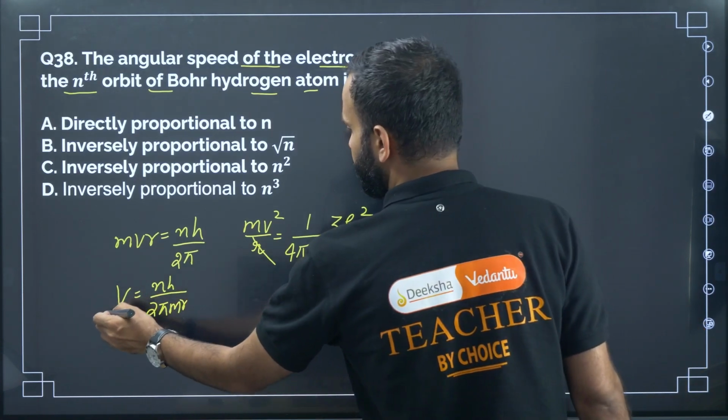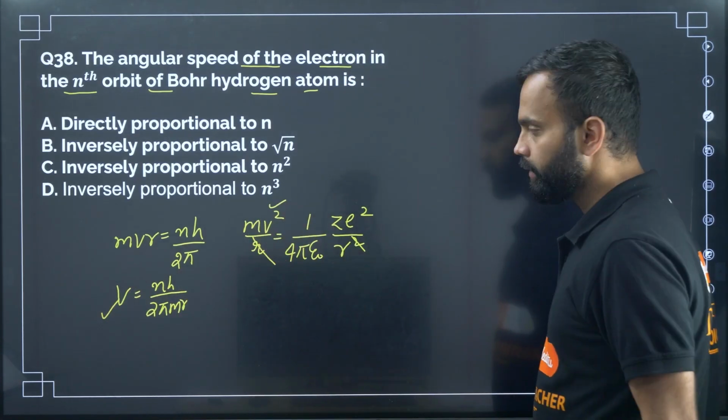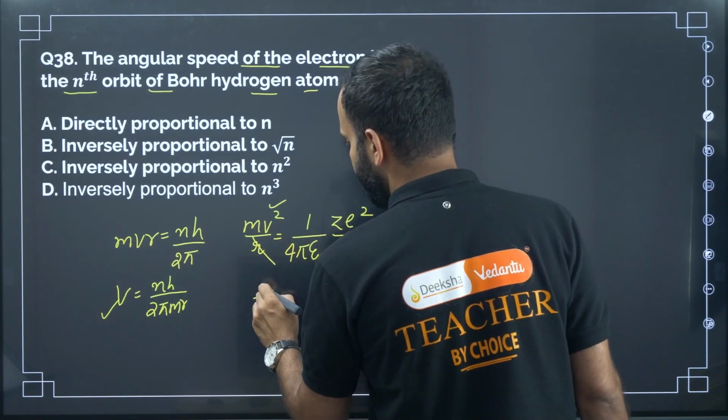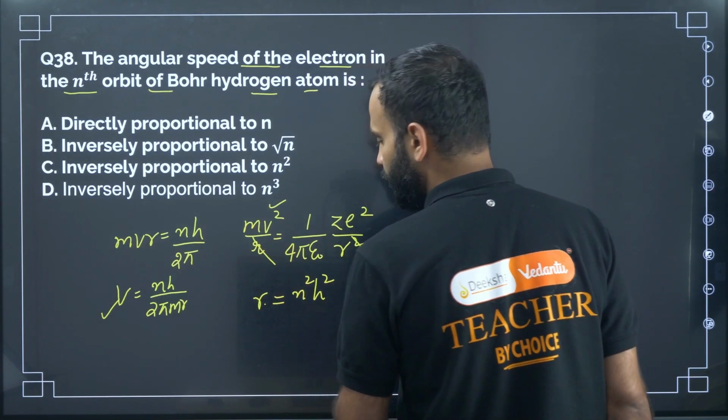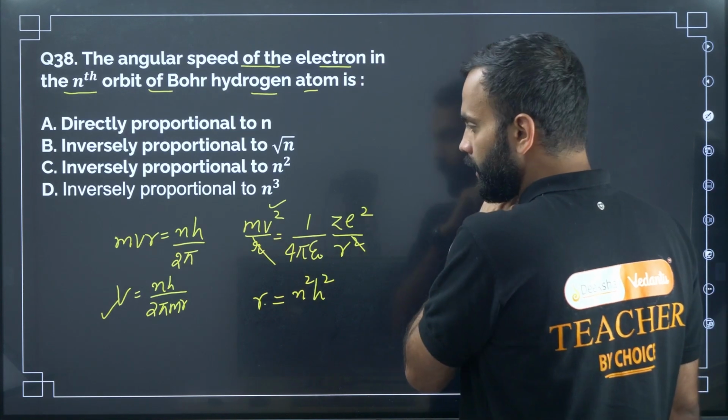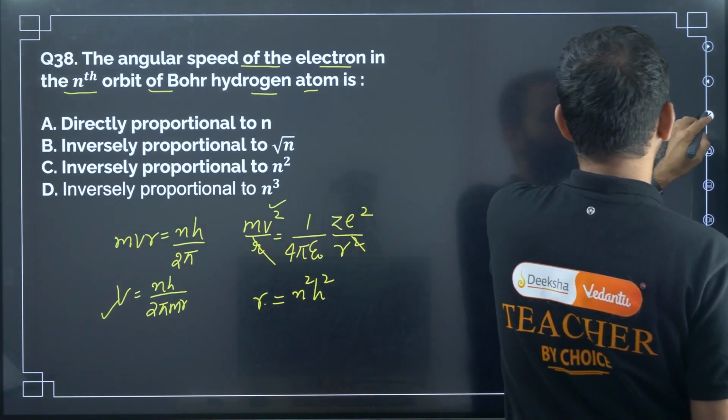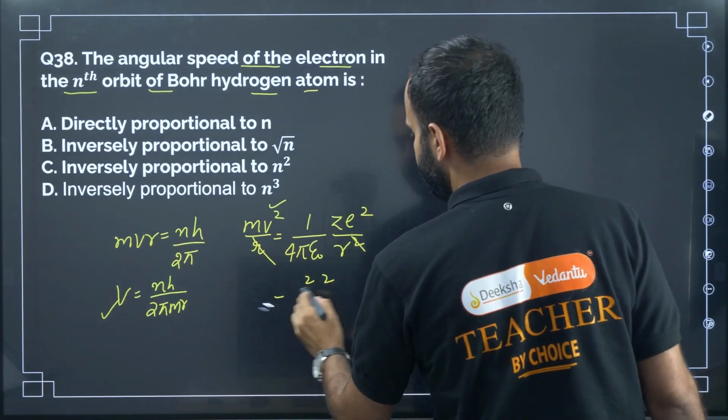So now substitute the expression of v here, right? So from that we will get r is equal to n square h square.